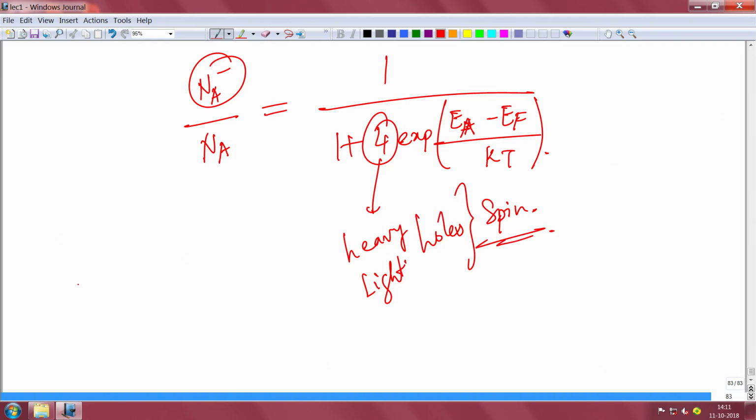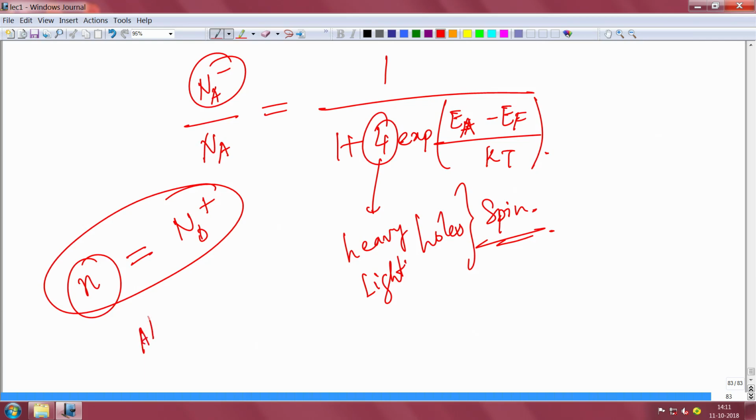You remember that for n-type doping, the total negative electron concentration has to be equal to the total positive concentration. This will always be true for an n-type doped material. Even if it is incompletely ionized, it is always true. This Nd plus need not be equal to Nd if it is not 100% ionized.